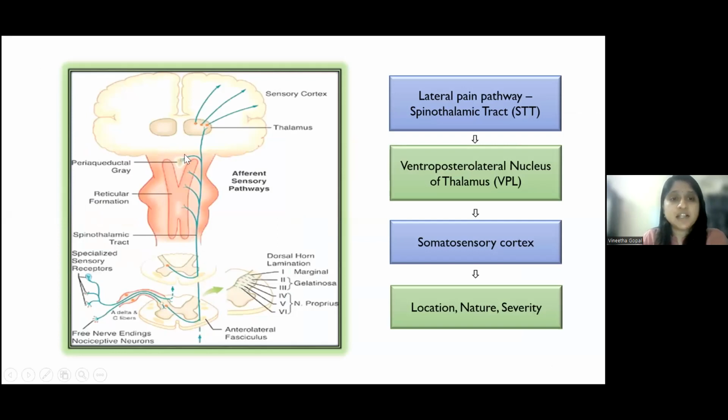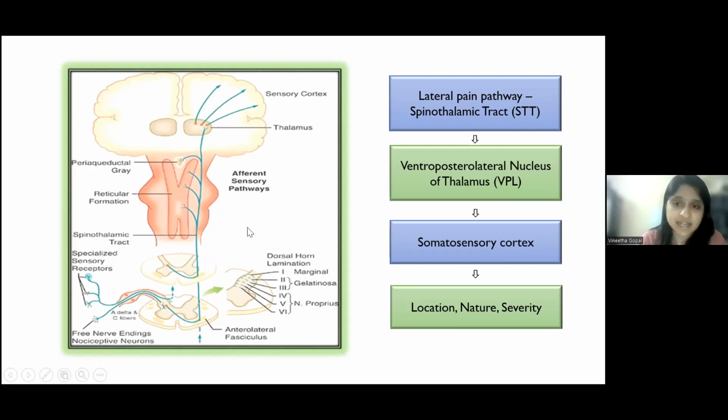Now, this pathway, as you all know, is the spinothalamic tract or the lateral pain pathway. This is the most important pathway that carries the pain sensation. The A delta and C fibers carry the pain from the periphery. As I told, from the dorsal root ganglion it comes to the dorsal horn. They cross to the opposite side, then they ascend, giving some inputs on the way to the reticular formation, periaqueductal gray, etc. Then the VPL, the ventroposterolateral nucleus of the thalamus, and from there to the sensory cortex.